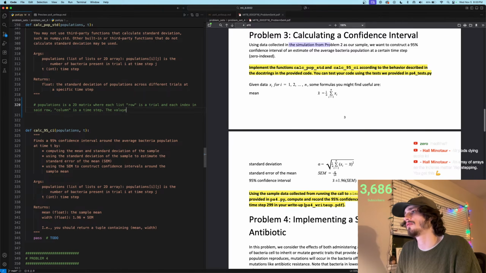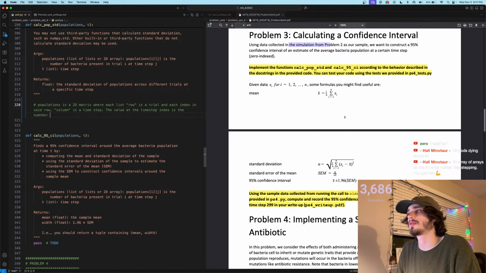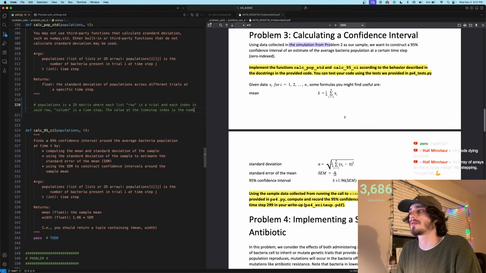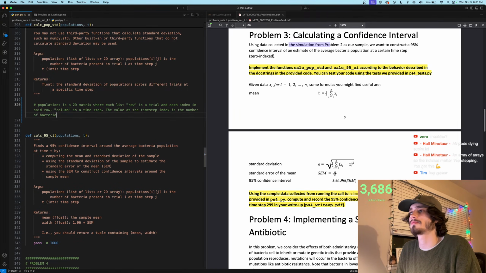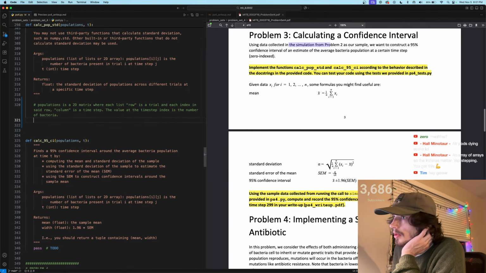The value at the time step index is the number of bacteria. Okay, cool.